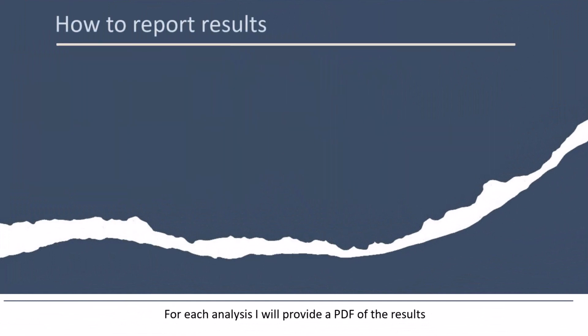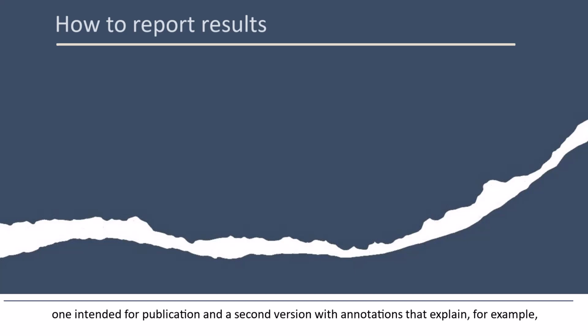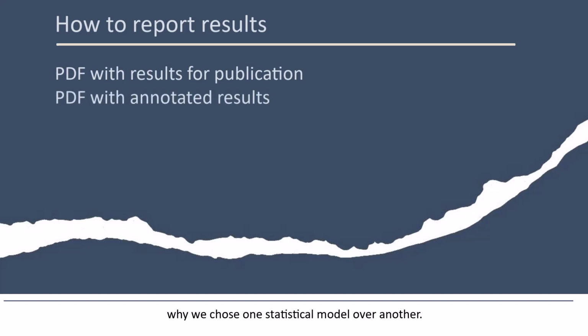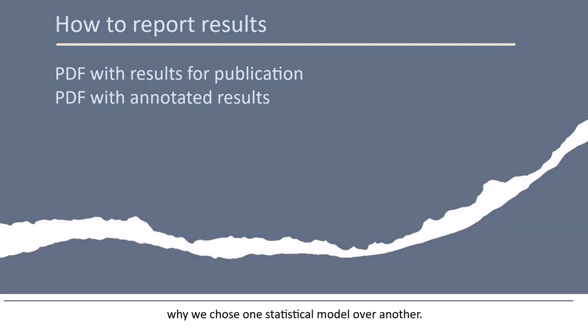For each analysis, I'll provide a PDF of the results that can serve as a template for your own analyses. There will actually be two versions of this PDF, one intended for publication and a second version with annotations that explain, for example, why we chose one statistical model over another.